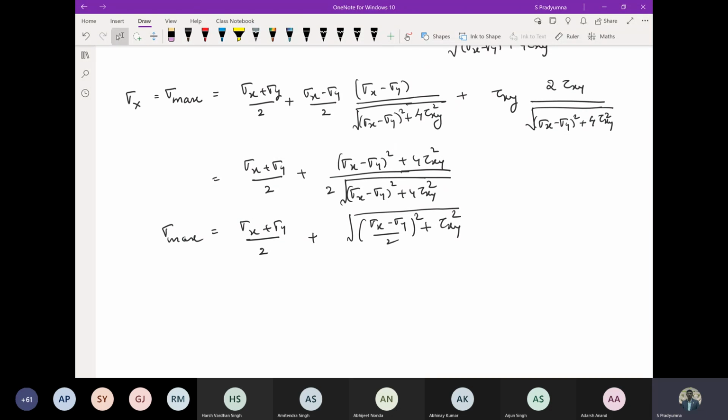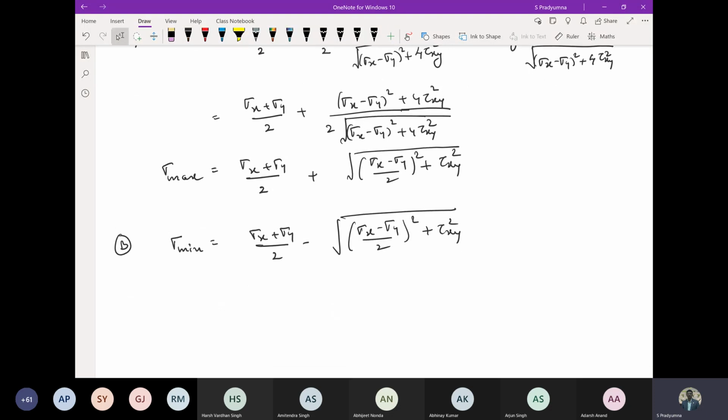Similarly, I can substitute in equation B the values of cos 2 theta and sin 2 theta p. I can write sigma minimum is equal to sigma x plus sigma y by 2 minus square root of sigma x minus sigma y by 2 square plus tau xy square. So these are the values of sigma max and sigma min.